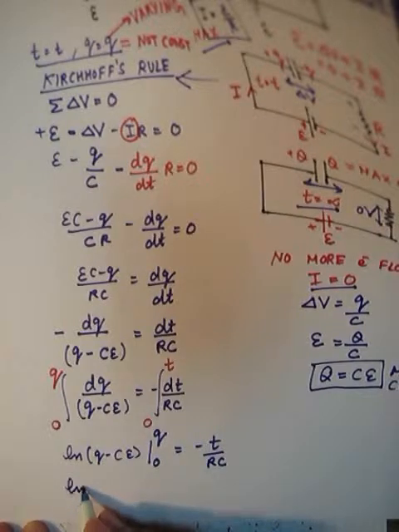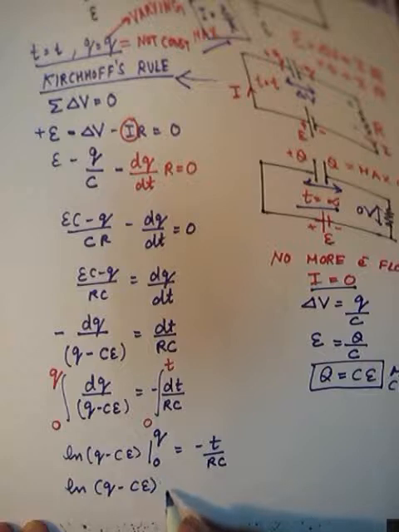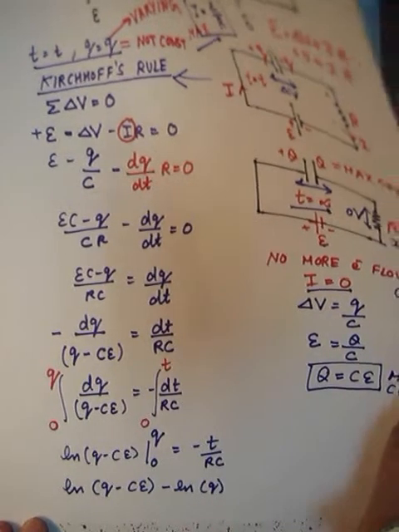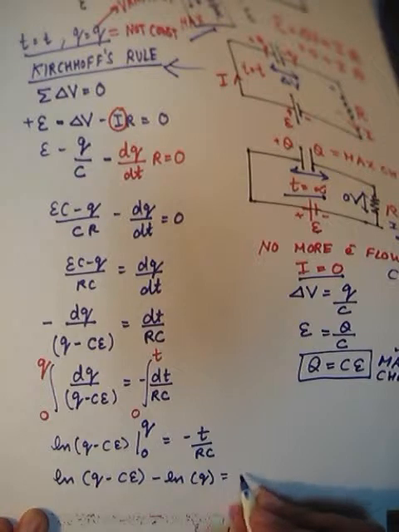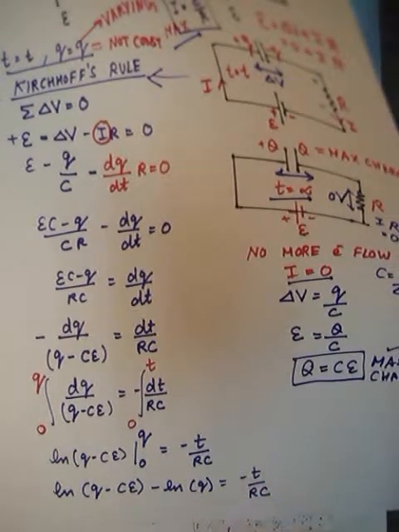So it will be log of (q minus C epsilon) minus log of (minus C epsilon), which will be equal to minus t upon RC.